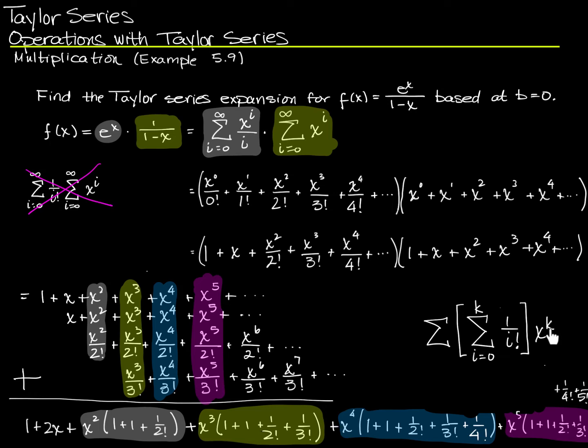Now, we're going to take k, and we're going to start at 0, way back here. When k is 0, x to the k, x to the 0, is 1, and I get 1 over 0 factorial, which is 1. 1 times 1 is 1. So I get just 1. We're going to start at k equals 0, and we're going to go to infinity.